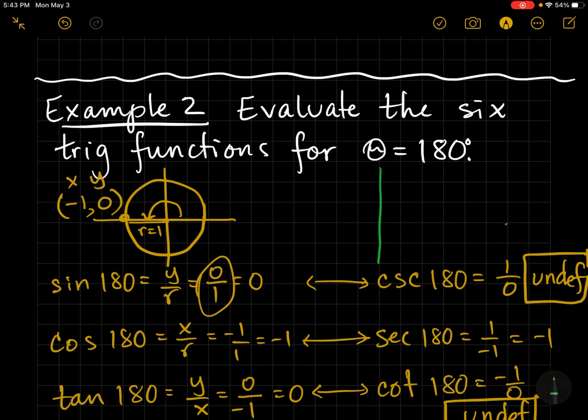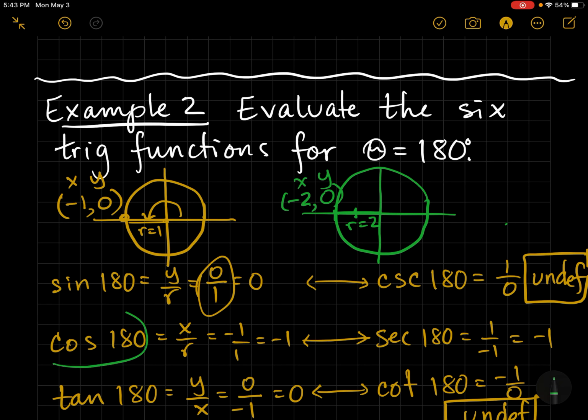Now, I'd like for you to know that we really did not have to use the unit circle to evaluate these. I could have said, make the radius 2. If I would have gone back 2 units, this point would have been negative 2, 0, and the radius would have been 2. Not a big deal.